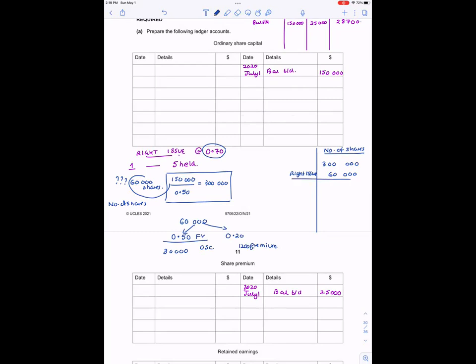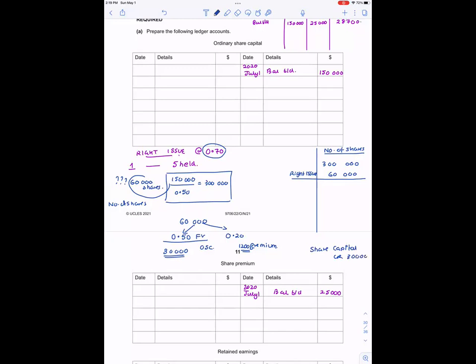Let's see the journal entry for right issue. What would be the journal entry for right issue? Anybody knows? Ordinary share capital credit, share premium credit. How much would be the share capital? 30,000.